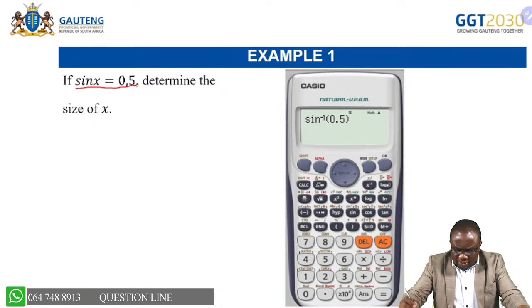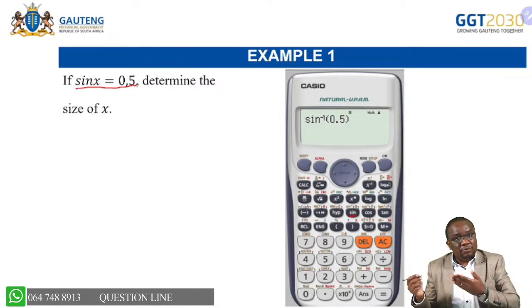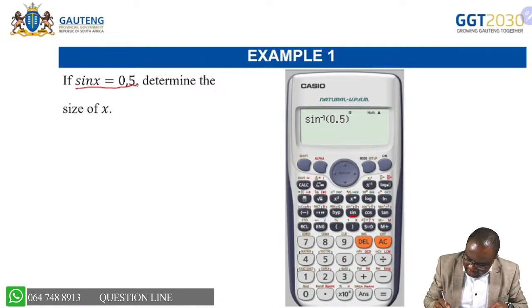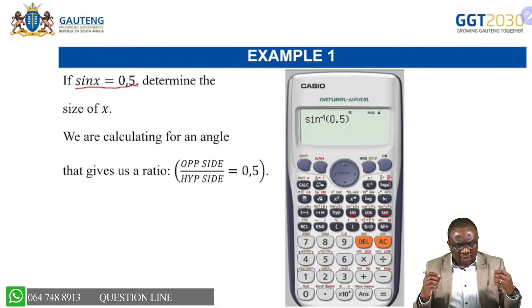Right. So now, this is our sine term. See that calculator? Cos. If you say cos 30, we'll get our answer. Sine 30, we get our answer. Tan 30, we get our answer. Now, when you're finding the angle, you are doing the inverse.